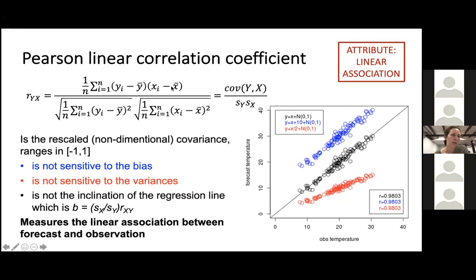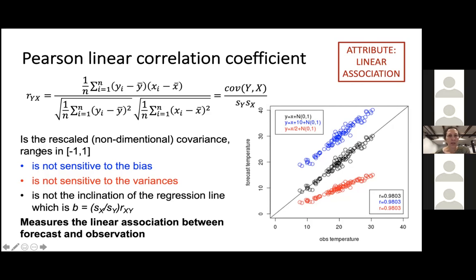I take away the mean of the forecast and observations. This is called the covariance, and it is rescaled by the two standard deviations. So it is the rescaled non-dimensional covariance, and it ranges between -1 and 1. 0 means that the forecast and observations are not correlated, and 1 is the best score.